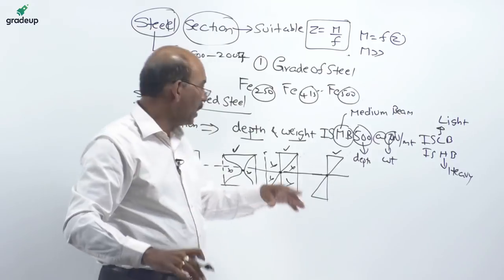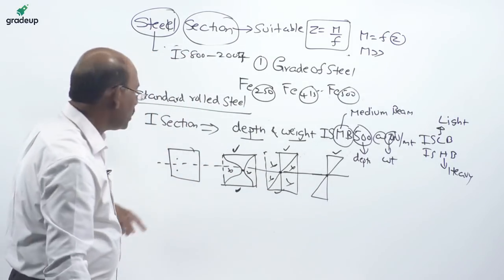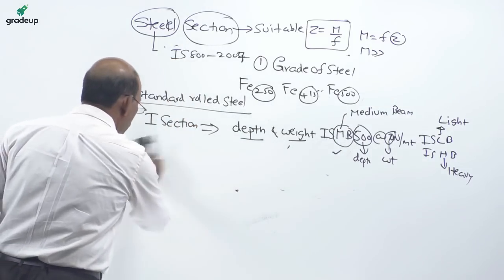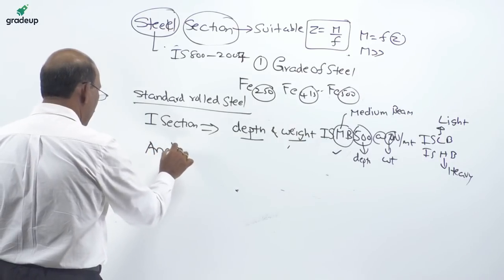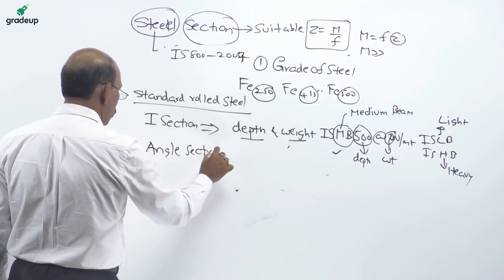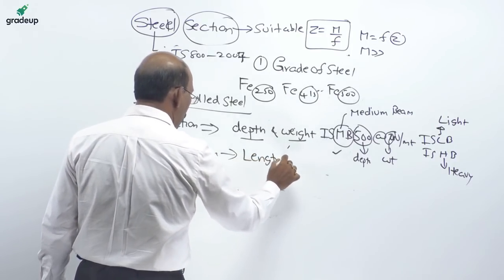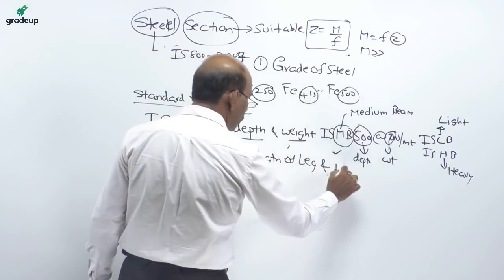Now today we started, and coming to the next section, compared to this I section, is the channel or angle section. These channel or angle sections are designated by the length of the leg and the thickness.